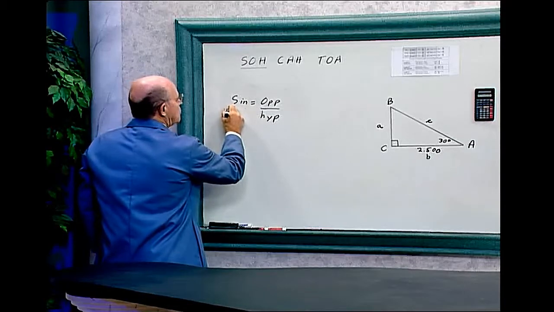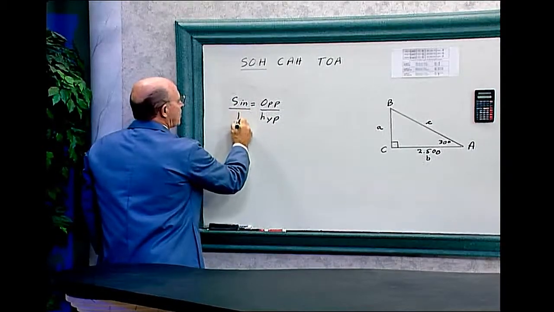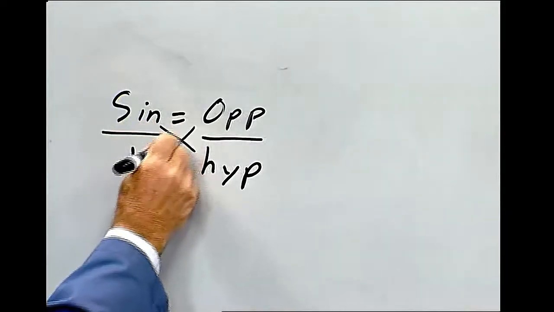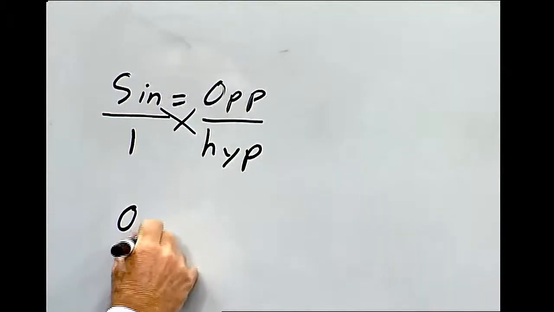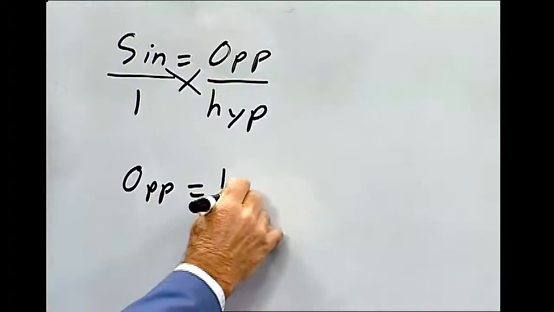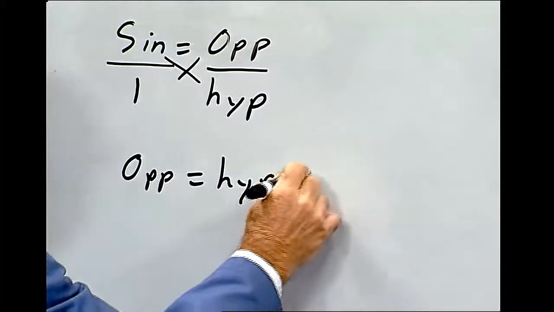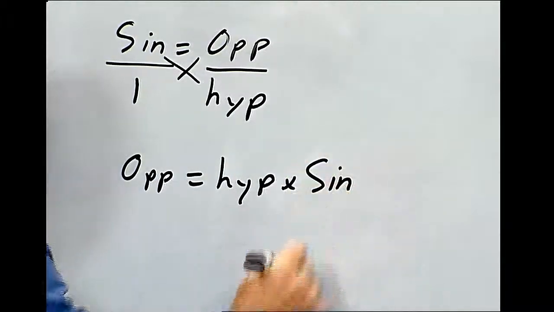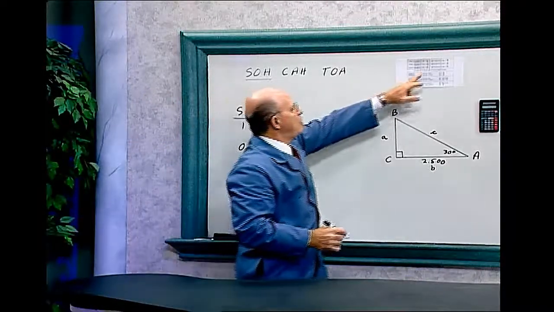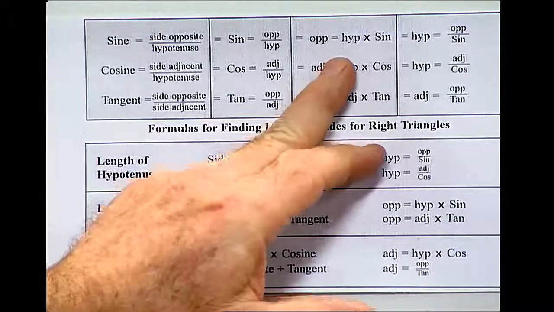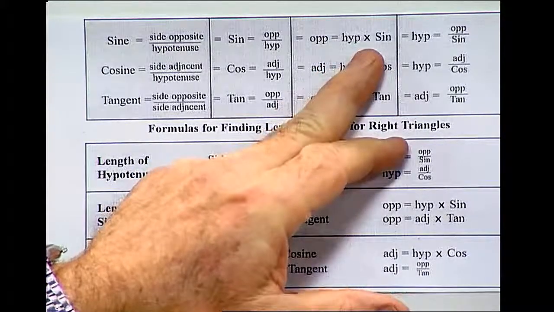Using algebraic skills, we'll cross multiply, and so opposite equals hypotenuse times sine. Just by cross multiplying, we have the same formula here: opposite equals hypotenuse times sine.